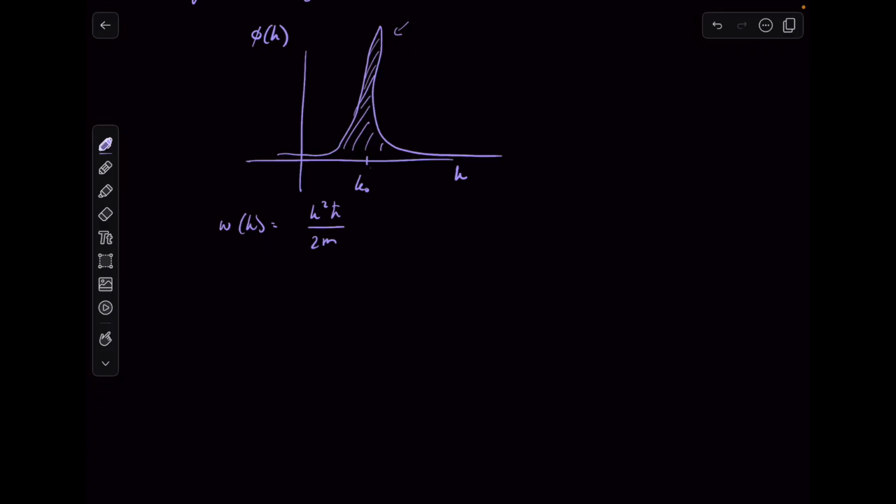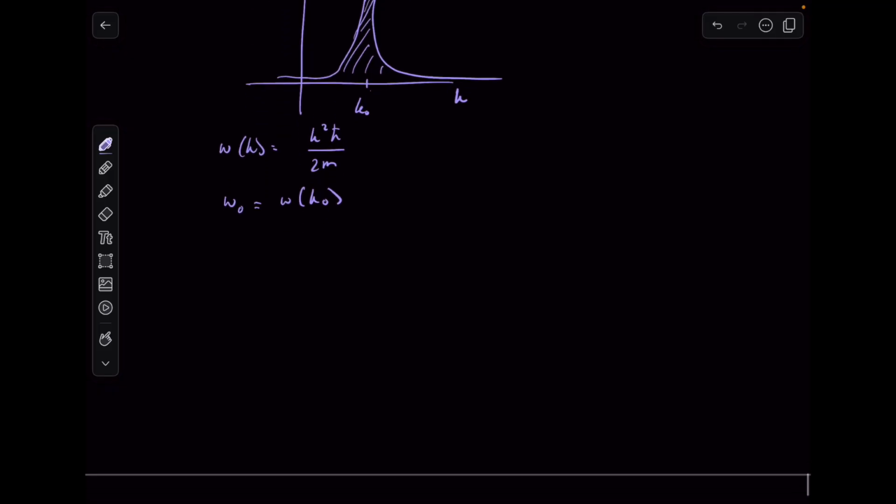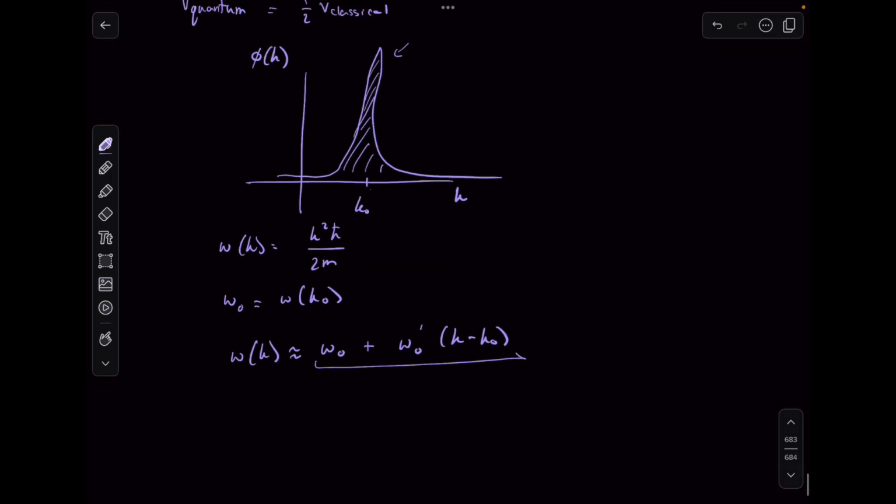And this will give us a very good approximation for omega. So first, let's just say omega naught is equal to omega of k naught. And then if we expand this, we get omega naught plus the derivative of omega at that point, times k minus k naught. And this is a very good approximation for omega of k.